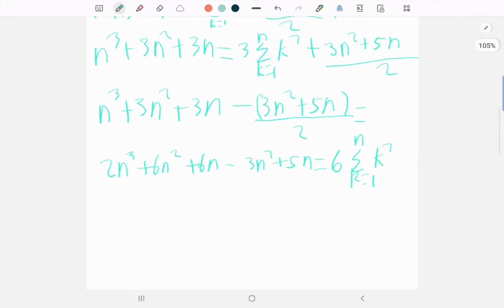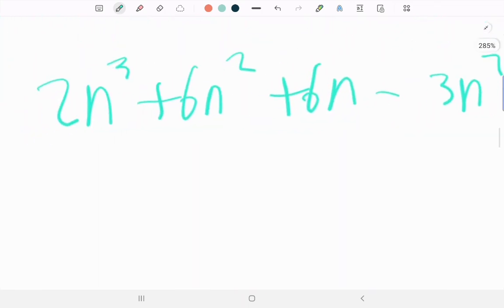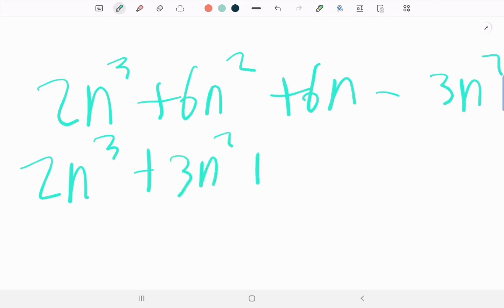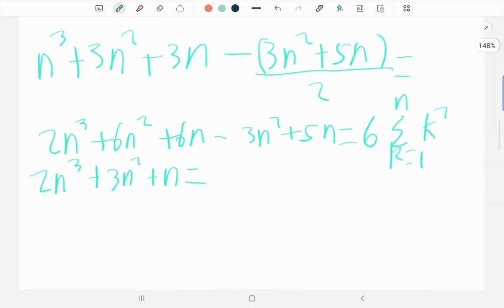So now we can subtract both sides, and we get that it becomes 2n cubed plus 3n squared plus n is equal to 6 times the sigma summation of k squared.